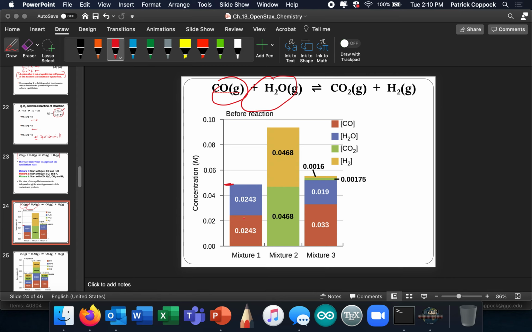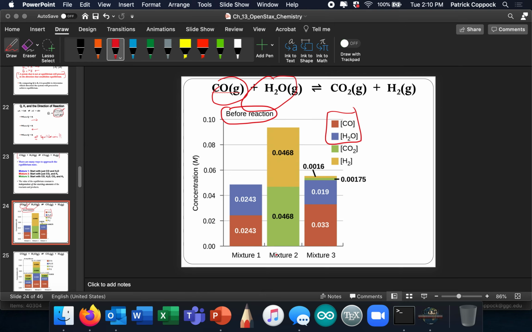This is before the reaction starts. I was saying that wrong. Say this is before the reaction starts. We have, let's say, 0.0243 moles per liter of both of the reactants, that is these two, the carbon monoxide and water.